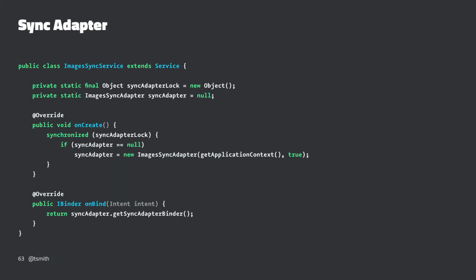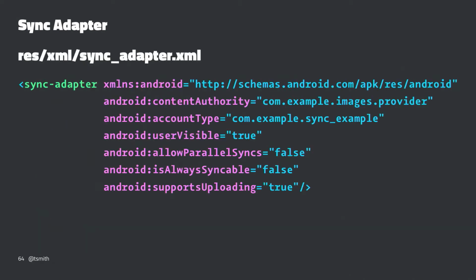We also need to create a service for the sync adapter to bind to that's actually doing the logic. It runs in the same process as the main application, and this gives our sync adapter access to resources and account information that live with that process. After creating the Java classes, we need to create a metadata file that lives under res/xml that defines how this interacts with the content provider and the account manager.